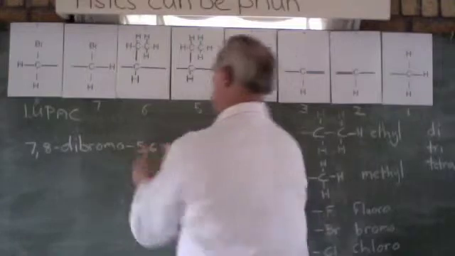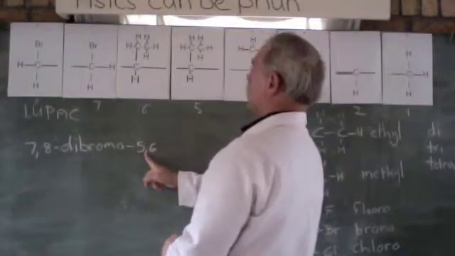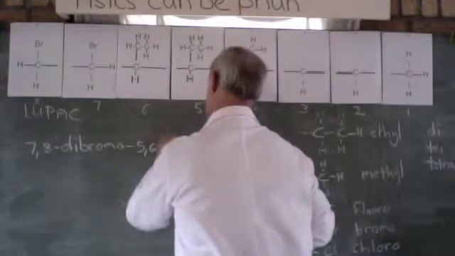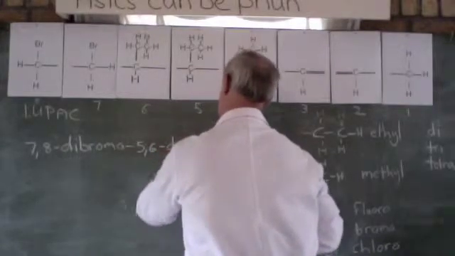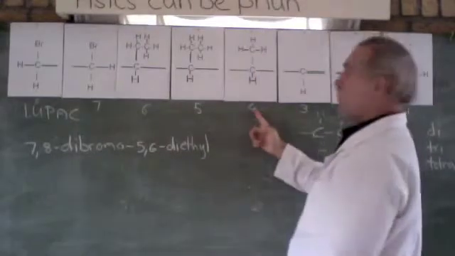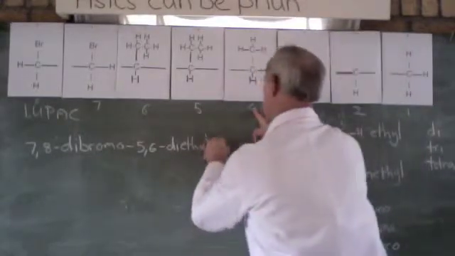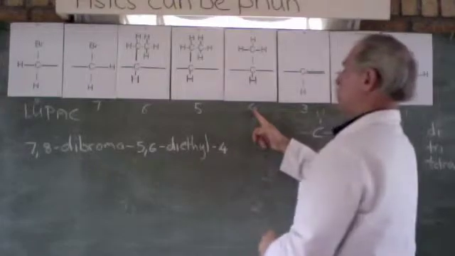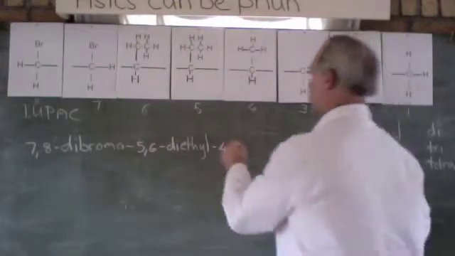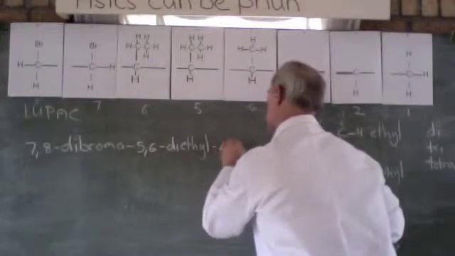We separate the 2 numbers with a comma. There's 2 of them, so 5,6-diethyl. Then 4, there's not 2 of them, so just 4-methyl.